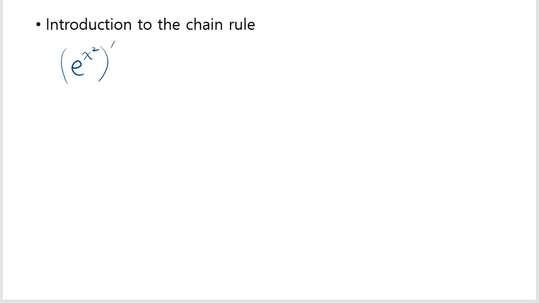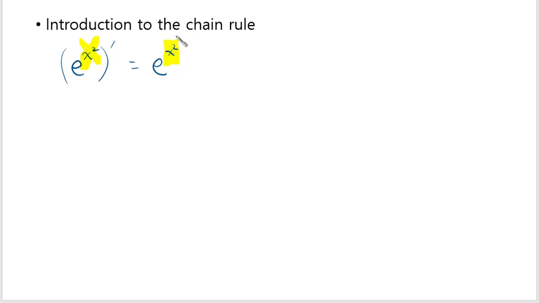It's a way to think about some parts of the function as a big X. So think about this as a big X. So what do you see? E to the x, right? What's the derivative of e to the x? That's e to the x. But what is that x? X is what we're calling this x squared. So it's really x squared here.